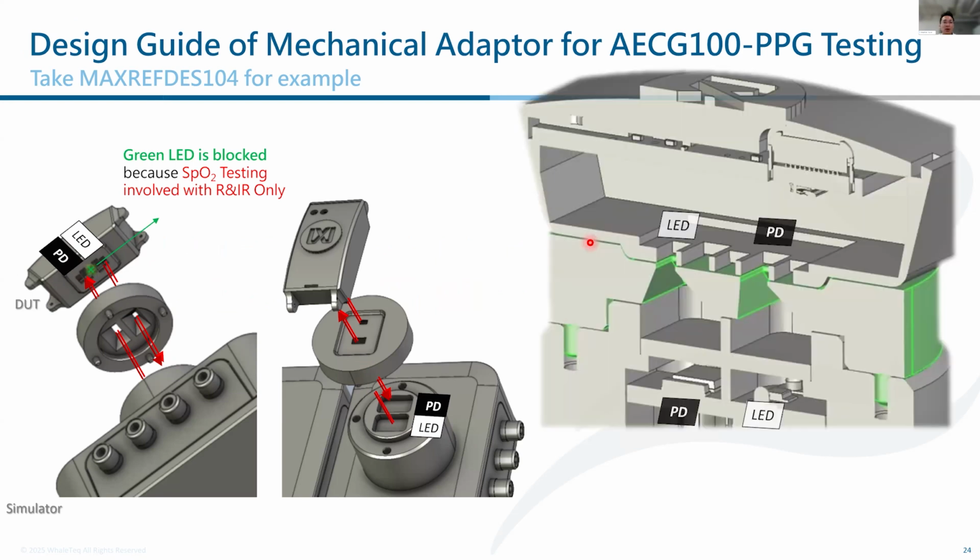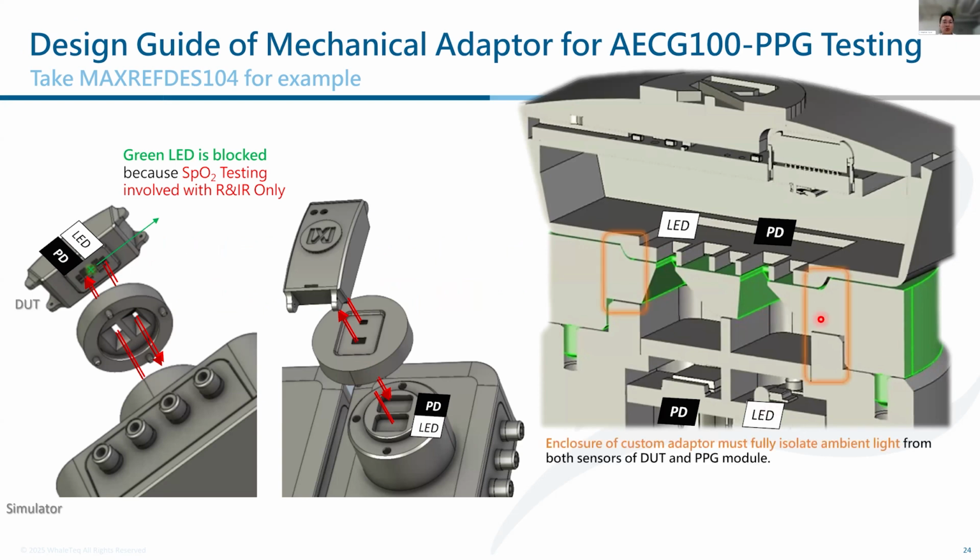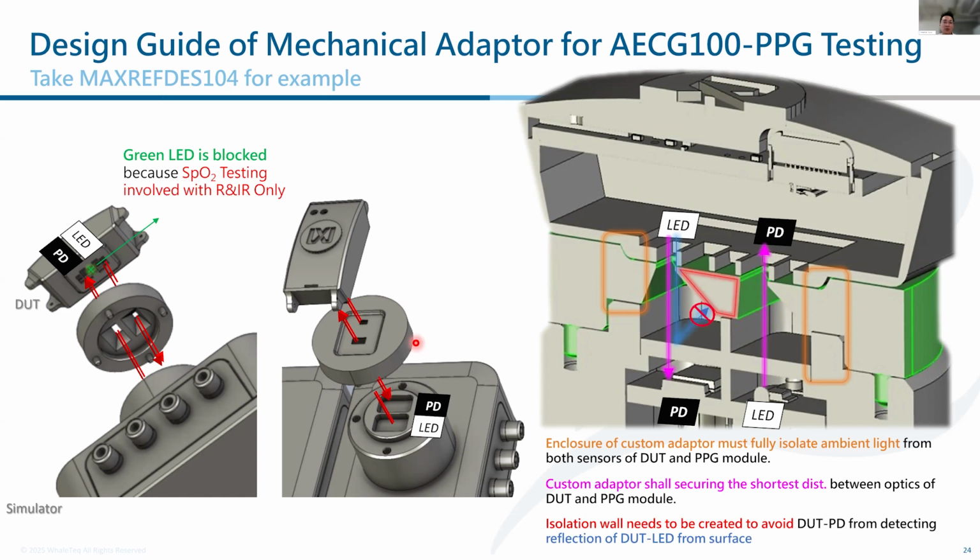So we can summarize from the previous experience. I think this is the first three years of the wearables development. You just need to make sure the enclosure is there to avoid ambient noise. The shortest distance, which means you're going to make your adapter as thin as possible, so CNC machining will help.